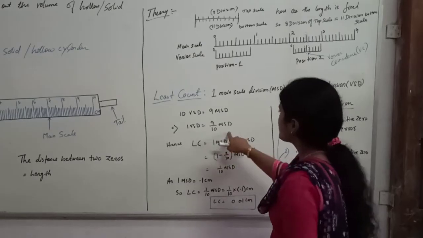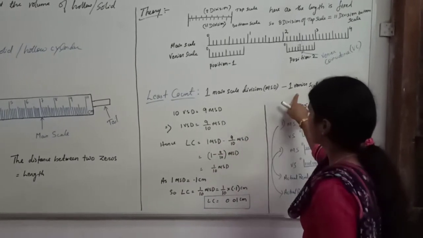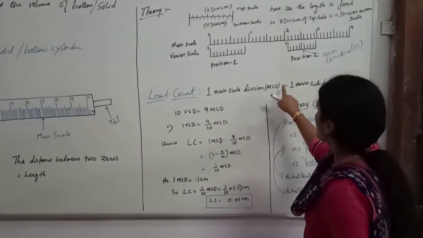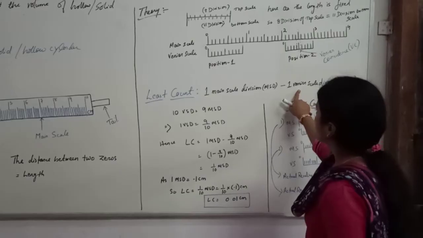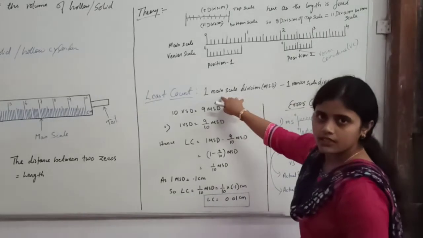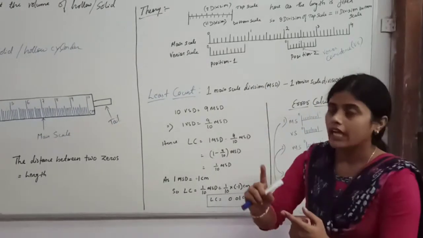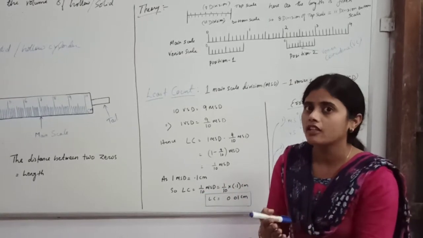After getting this value, I will put it here, because here it is 1 main scale division and here it is 1 vernier scale division. This is the formula, but one is in one scale and the other in another scale. So definitely I have to convert one of them into a similar parameter, otherwise I cannot subtract the value, right?